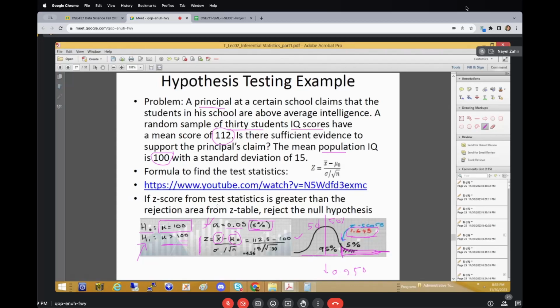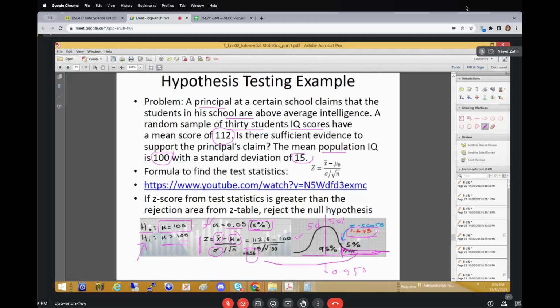And sigma is given, the population standard deviation is 15, and the number of students is 30. So with the square root of 30, we will get the value 4.56. Okay, 4.56, this is the Z value.